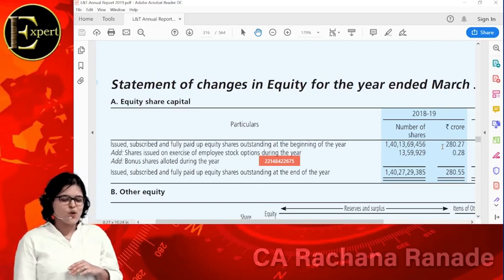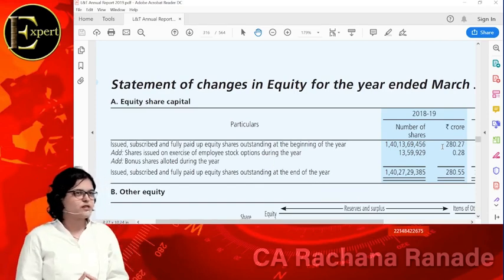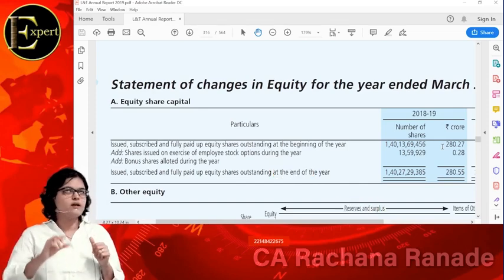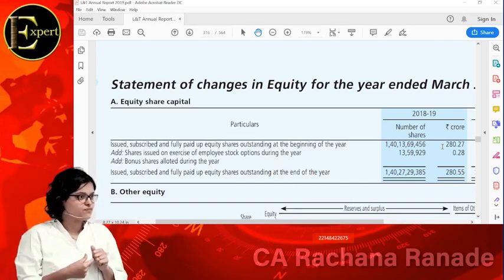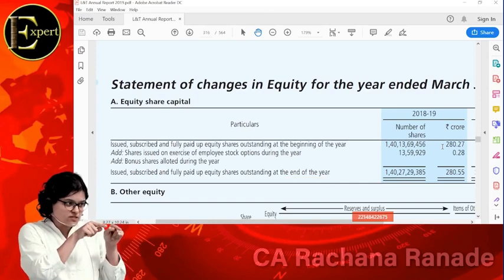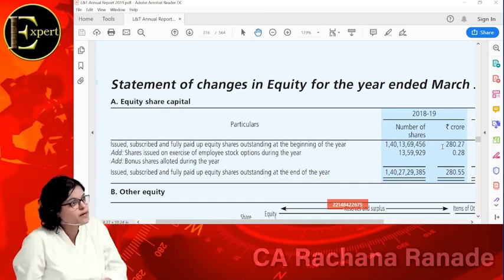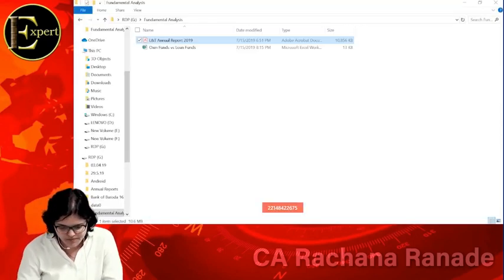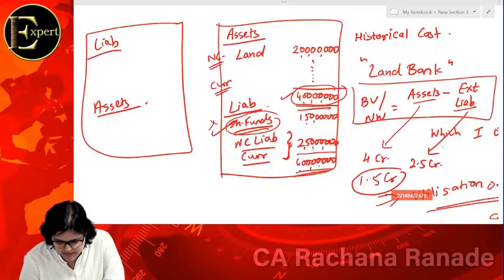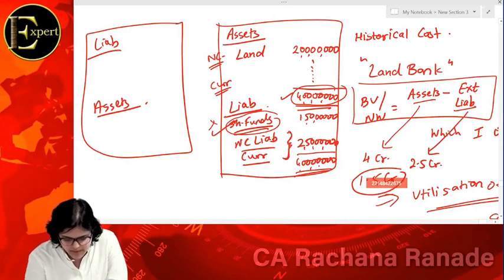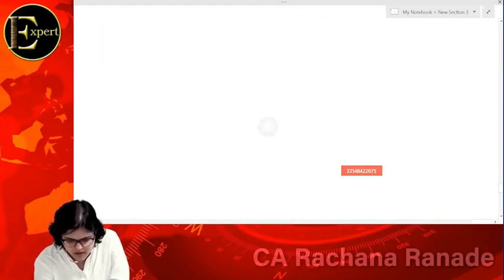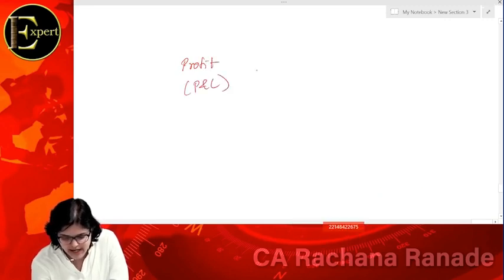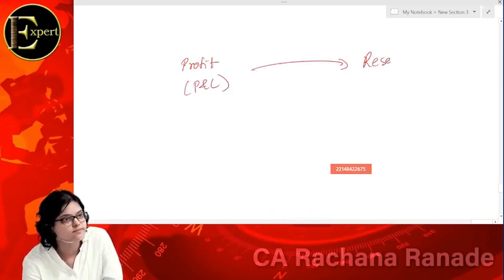Now I'll tell you, old accounting standards did not have this statement of changes in equity. What they have done is, inside the statement of changes in equity, they have taken that P&L, and the final balance of the statement of changes in equity will be taken to reserves and surplus maybe. So earlier, for you to visualize it, as per the previous accounting standards, whatever profit we had as per P&L, we used to directly transfer to reserves and surplus.